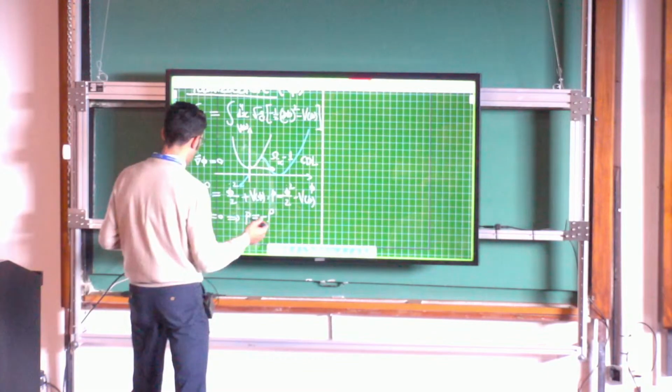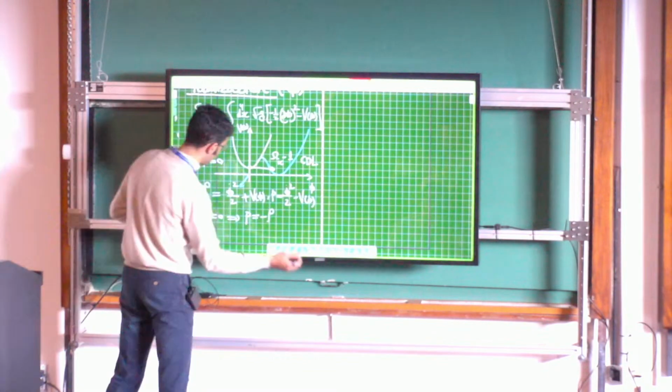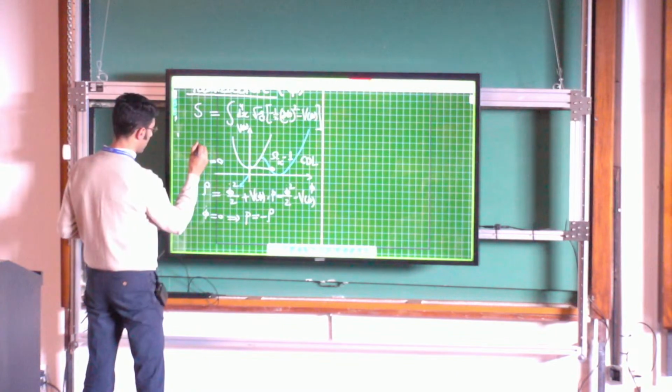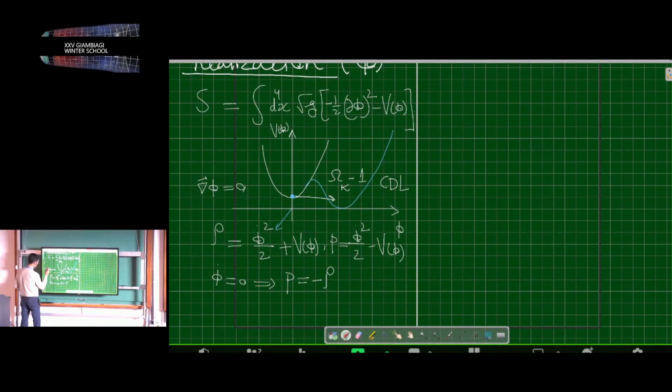Oh, no, here I'm saying that, so let me actually write that. So this is coming from the requirement that I'm looking for FLRW cosmology. This is an assumption. I'm saying if phi dot is 0, then P is going to be equal to -ρ.